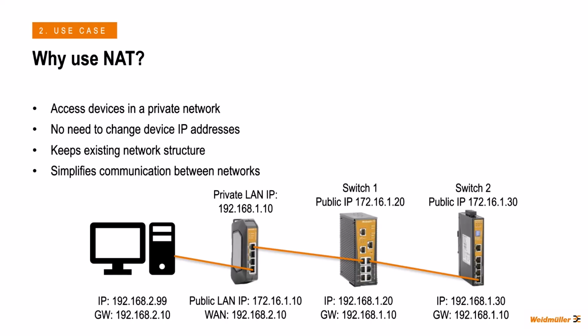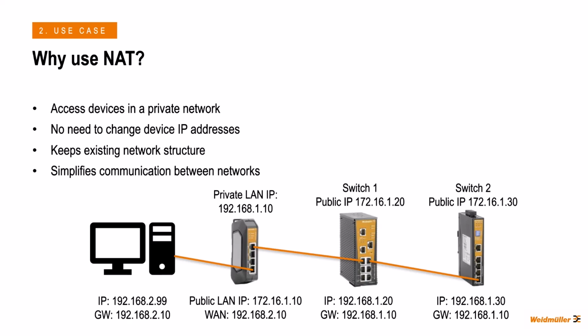In our example, the switches are in the private network with the addresses 192.168.1.20 and 192.168.1.30. The router translates these addresses into the public LAN range 172.16.1.x.